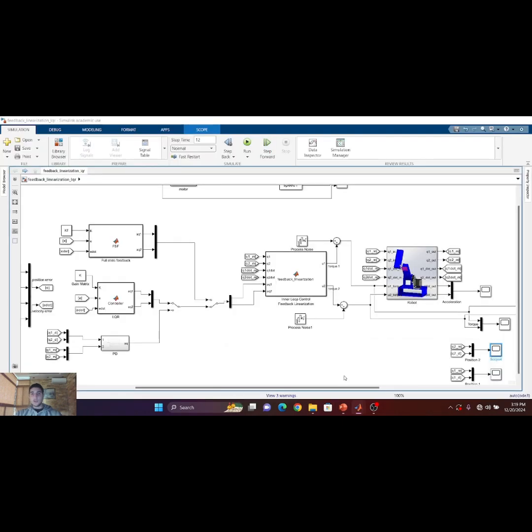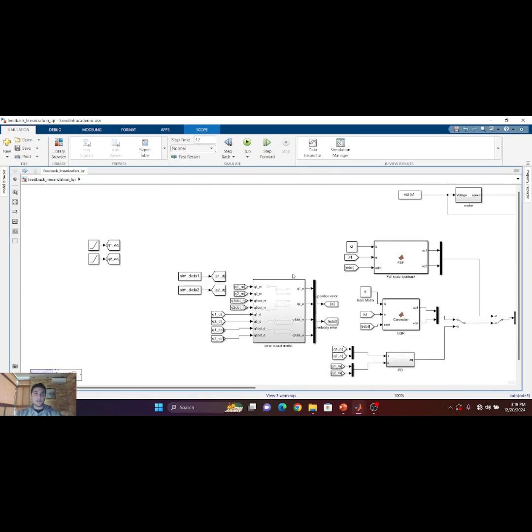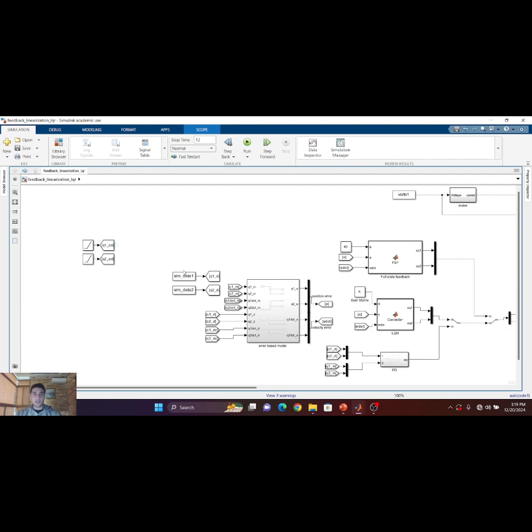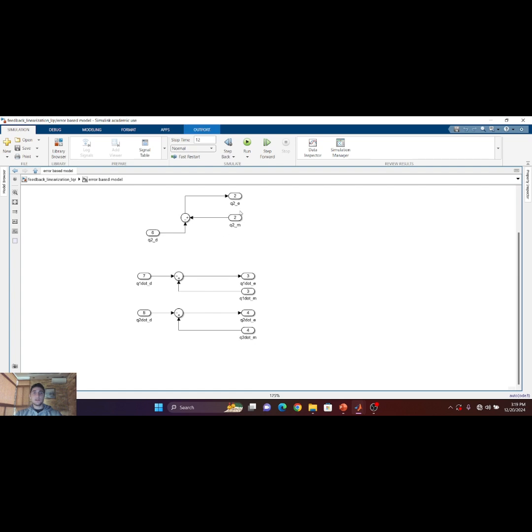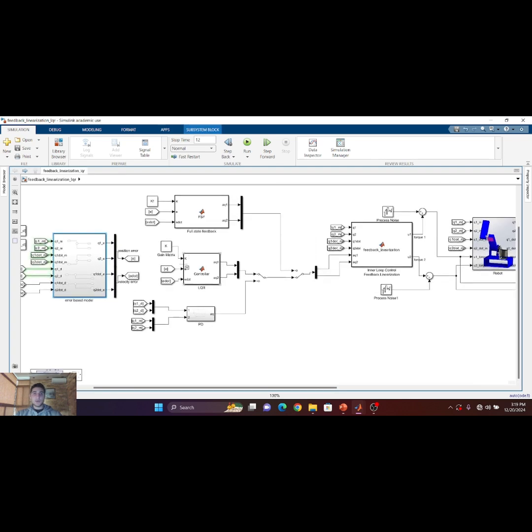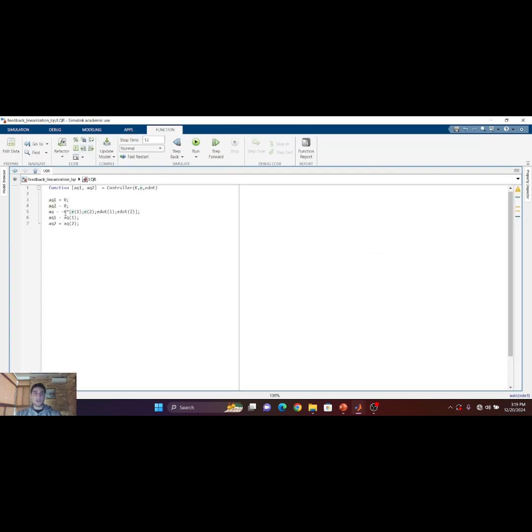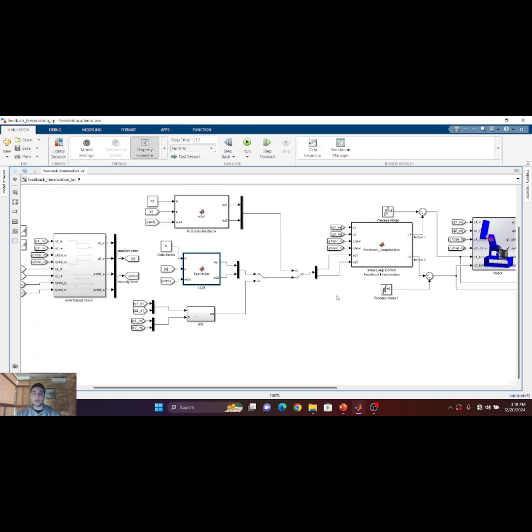This is the simulation. As we can see, we have the desired trajectory. We have the error model that, as I mentioned, computes the errors E1, E2, E1 dot, and E2 dot, and feeds them to our LQR controller, which is U equals minus KX, where X is the state vector, E and E dot.